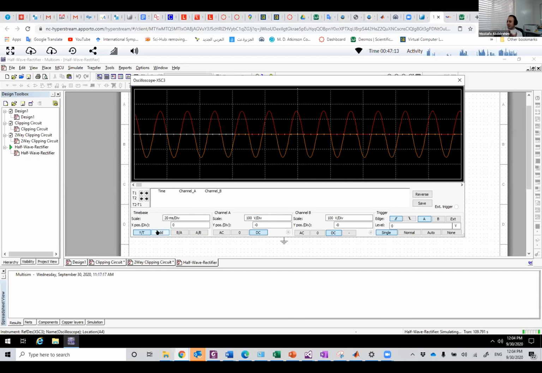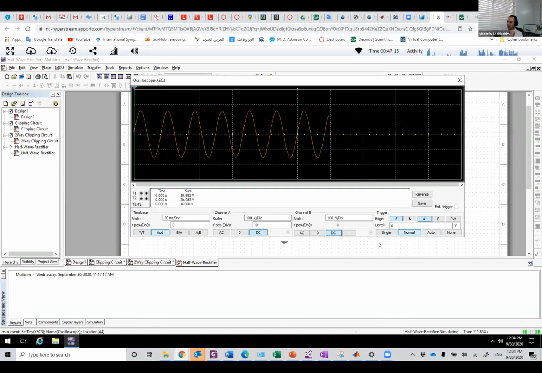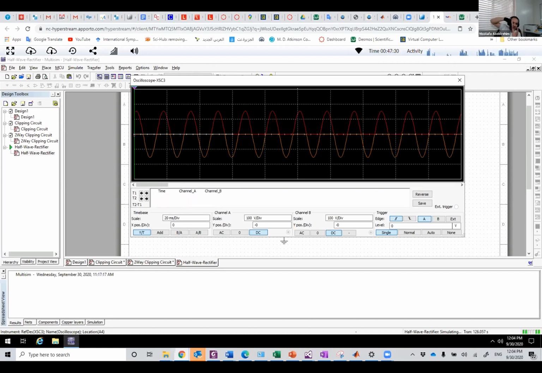Without making the add, just YT, and without moving, you will see that they just attach to each other, forming a shape very similar to what we have in the input. Because of course, the Kirchhoff voltage law holds all the time.